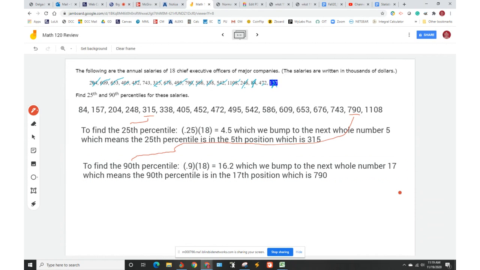Now, the only thing that's different is when you're doing the median, you can do it the same way, but if you get in between two, you've got to add up the middle two and divide by 2. That's just how that's handled.